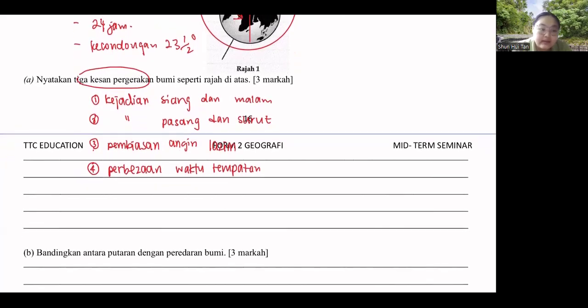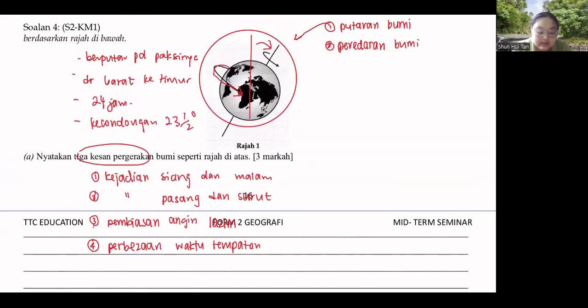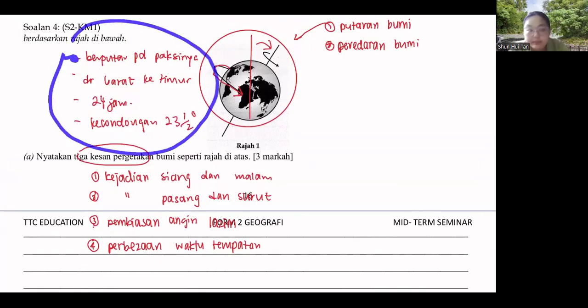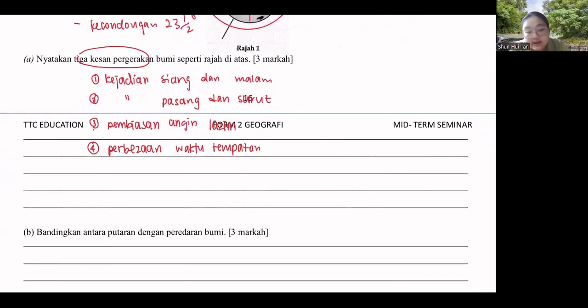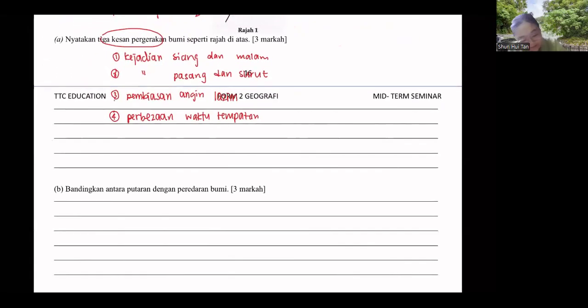Okay, now, and then here, see, this is berputar pada paksinya, right? This is putaran bumi. So sometimes the question may ask you about what? Bandingkan. Okay, compare putaran and peredaran. So what is the difference between putaran and peredaran? Write in sentences, yeah. So you're going to say that putaran is what?